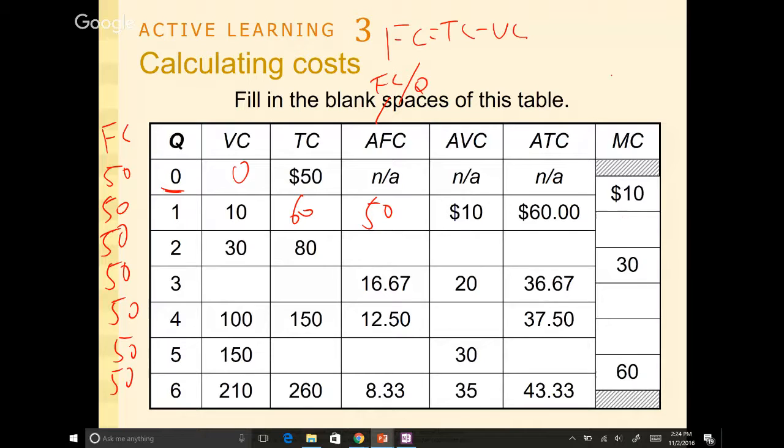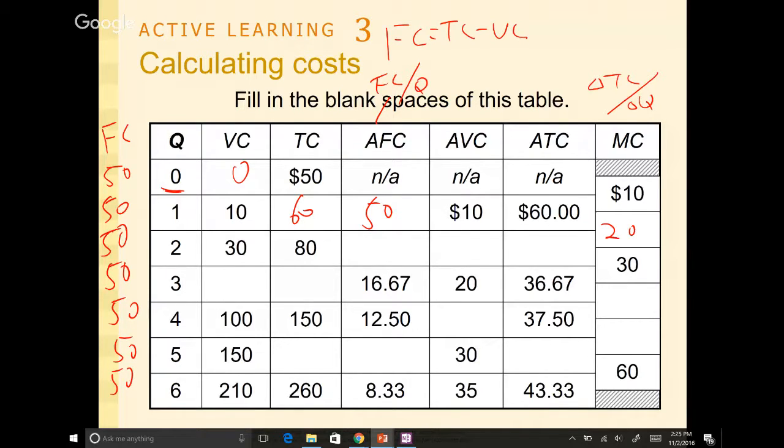The marginal cost is your change in total cost over change in quantity. The change in total cost from 0 to 1 unit, 50 to 60, is $10. And then for the next level, from 60 to 80, that's a $20 difference.